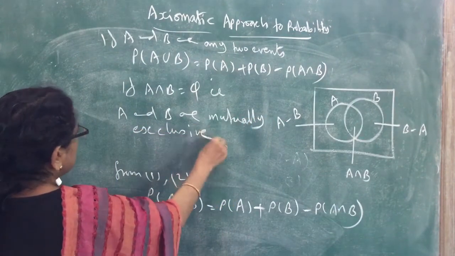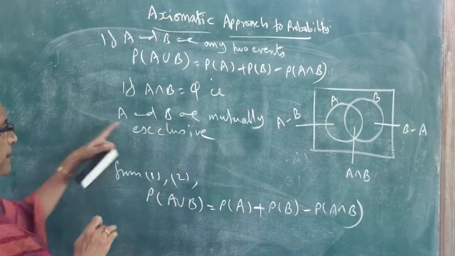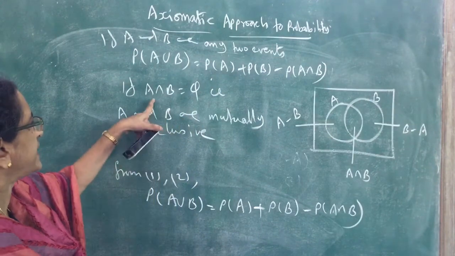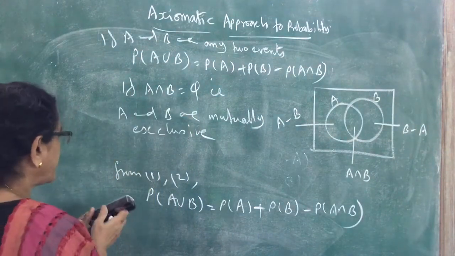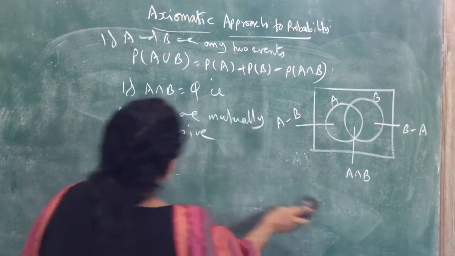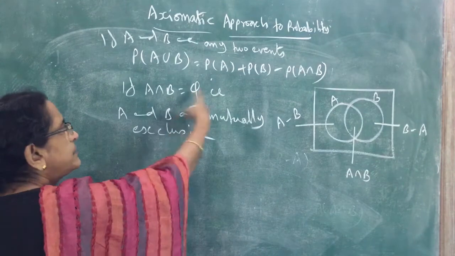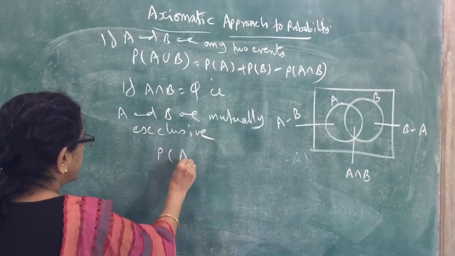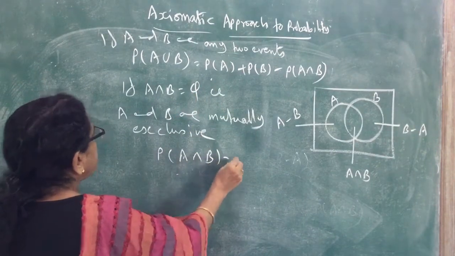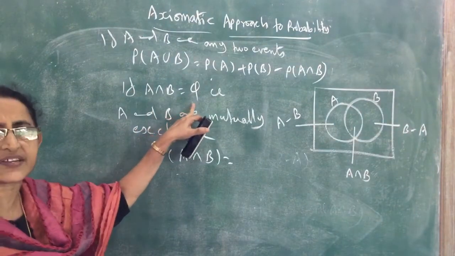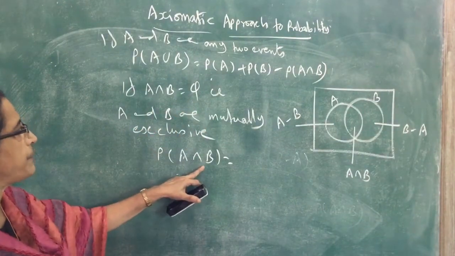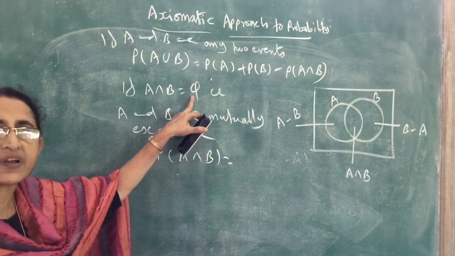So in this formula, if A and B are mutually exclusive, that means A intersection B is null set, then what happened to this formula? What is the probability of A intersection B? Probability of null set, impossible event, 0.